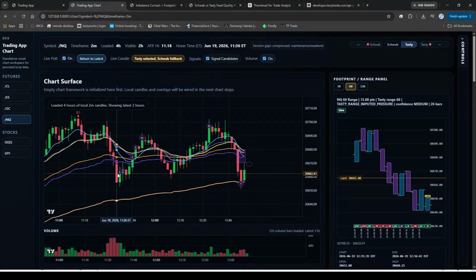So now we have the hint that we want to go back into the imbalance area, but it was not ready to. And then on this third candle, it actually started going in. And since this one stopped here, we didn't get into testing the imbalance area until here.